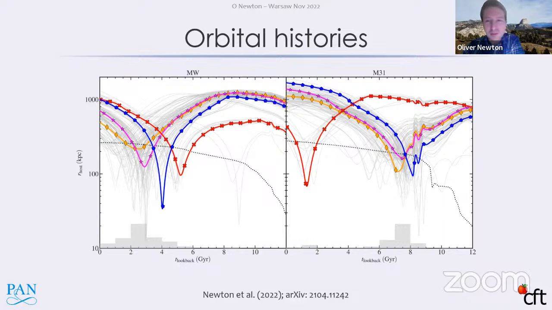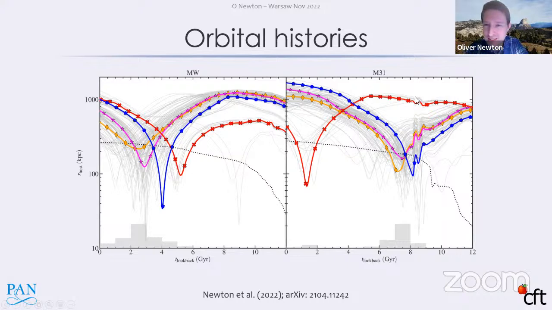The eagle-eyed among you might infer that there seems to be one group that comes in via M31 before heading on over to the Milky Way. There's also a second smaller collection of halos that go in the opposite direction. They pass through the Milky Way first before flying out and passing through the halo of M31. And the dotted line here just represents the virial radius of those host halos.